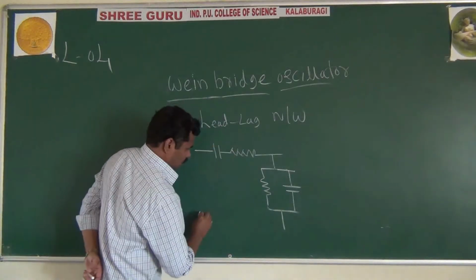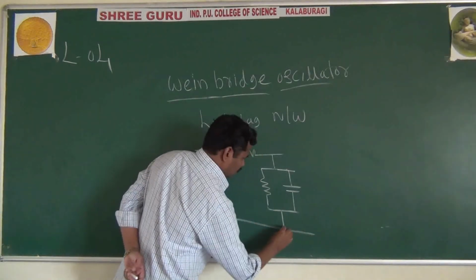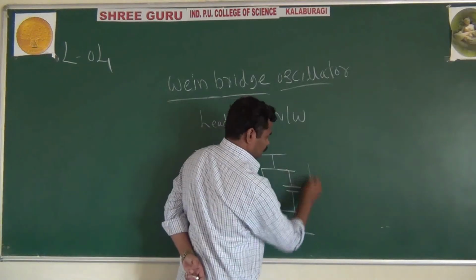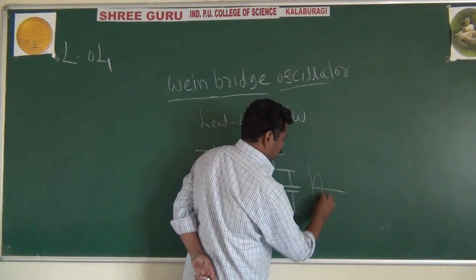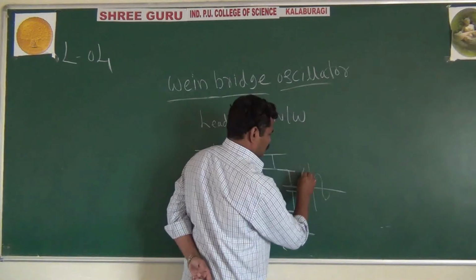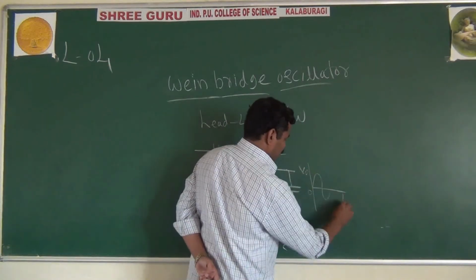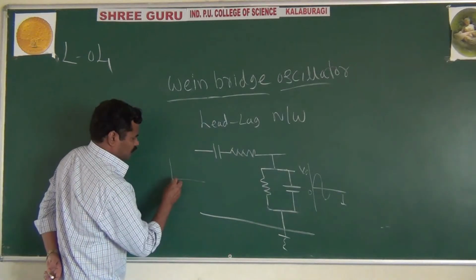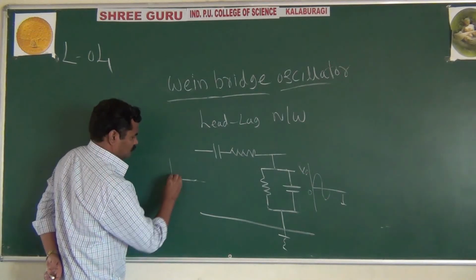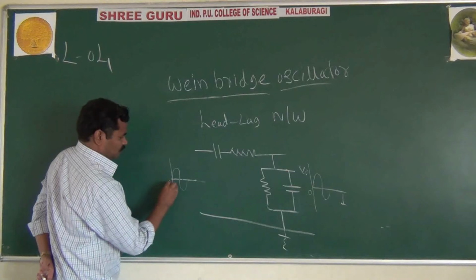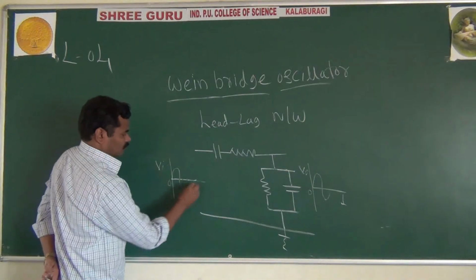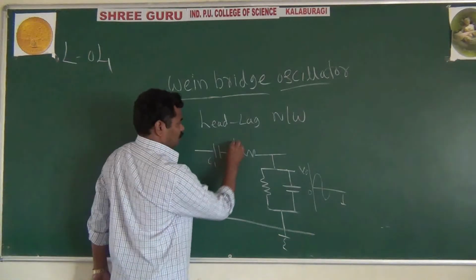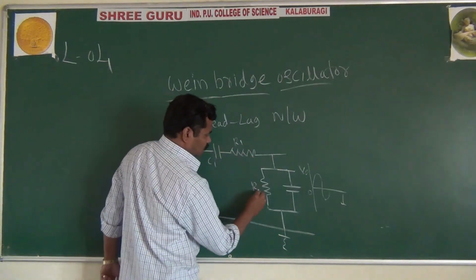This is nothing but your lead lag network. Here we apply the input. Actually here it is C1, R1, R2 and C2.